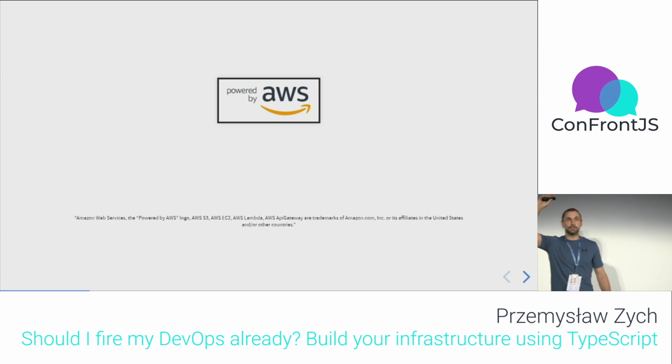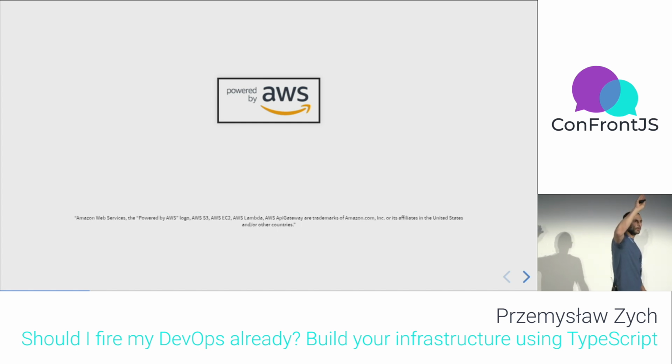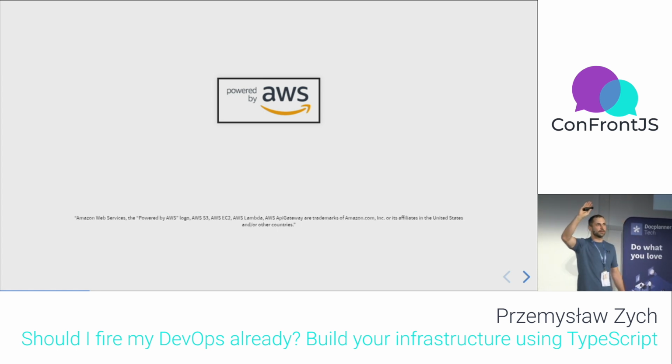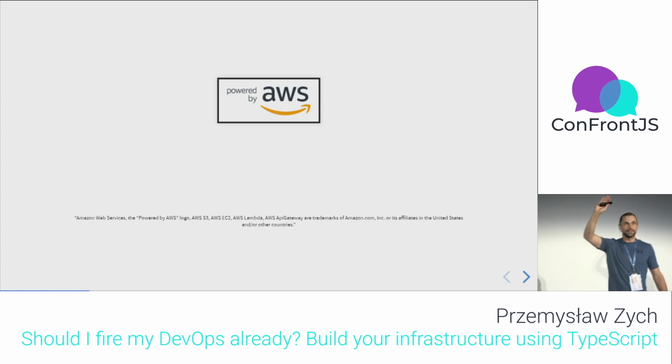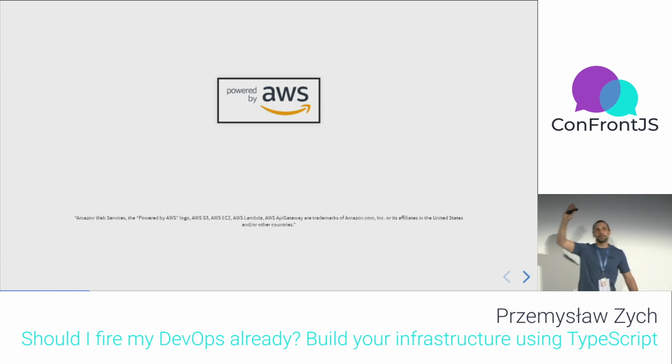Keep your hands up. Who has an account on AWS? Who used it to deploy infrastructure to production? Only a couple of people. So I'm going to show you something that will allow you to do it.